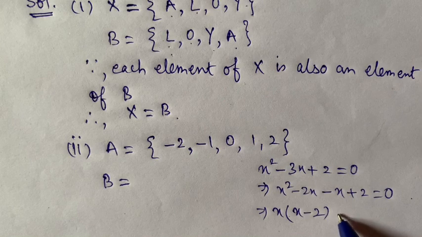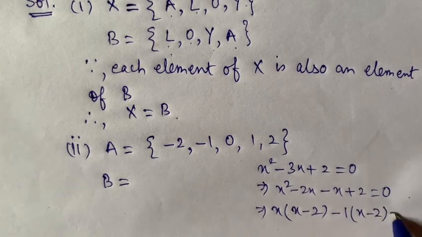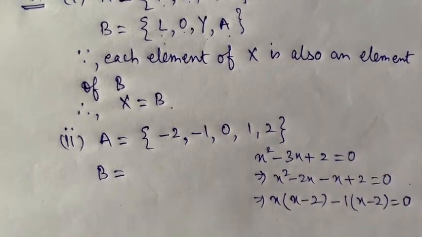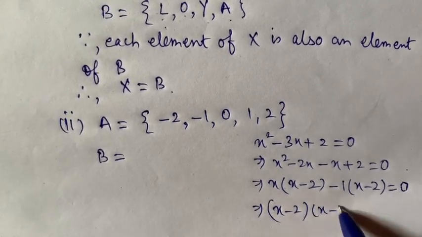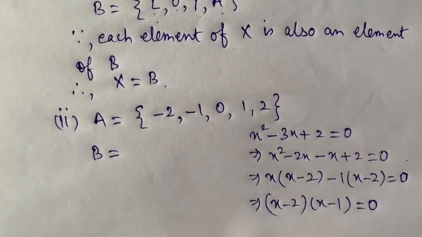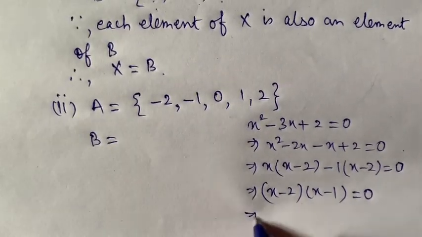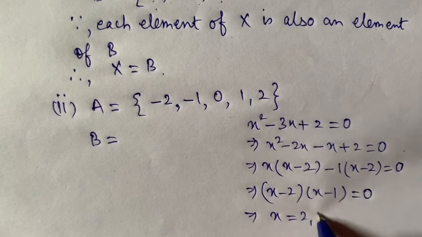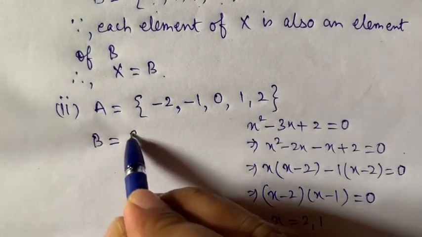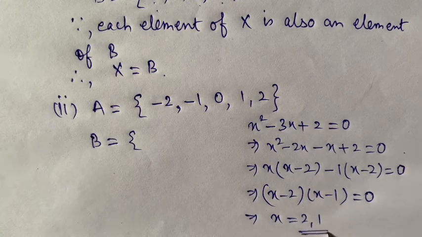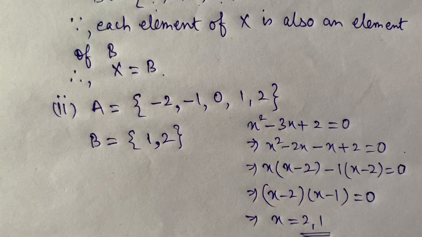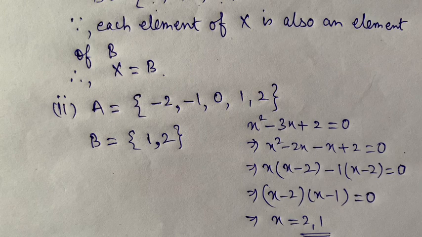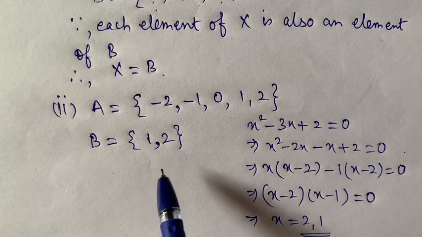It will be x into x minus 2 minus 1 into x minus 2 is equal to 0, and x minus 2 into x minus 1 is equal to 0. So we have x is equal to 2 and 1. So B has two elements, 2 and 1. So we will write here 1, 2. Though it is not necessary to write in that order, we all know. So it will be 1, 2.